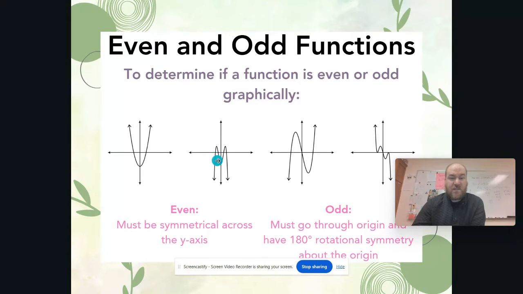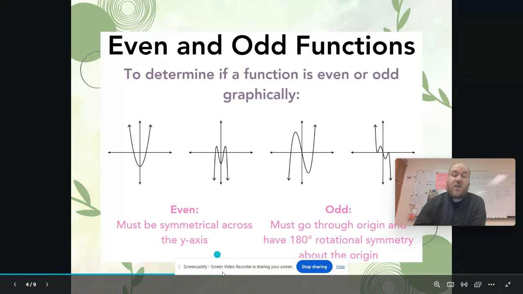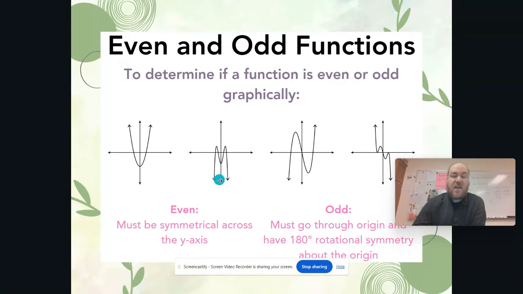So the two on the left here are symmetrical across the y-axis. Remember, the y-axis is the up and down axis. And symmetrical across the y-axis means everything on the left, if I fold across the y-axis, I'll make everything on the right side of the y-axis. And you can see that the left two are symmetrical across the y-axis.